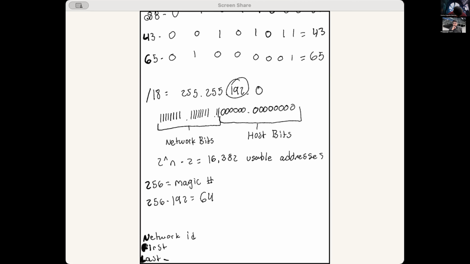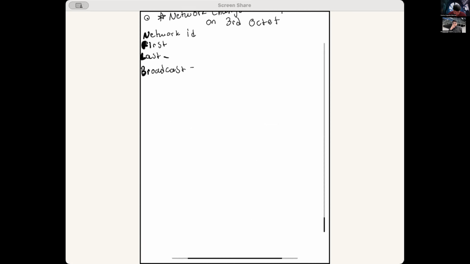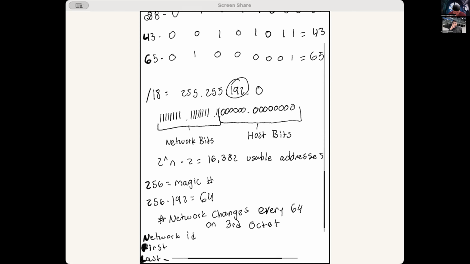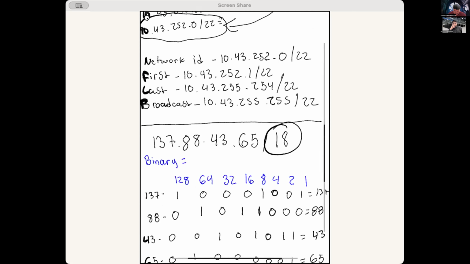So we know that the network changes every 64 on the third octet. Okay, so our IP address was 137.88.43.65. Let me write it down here again.